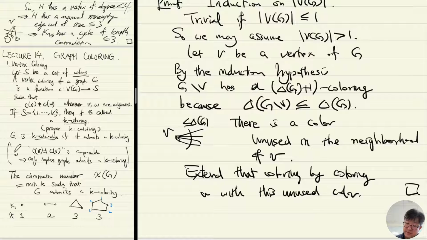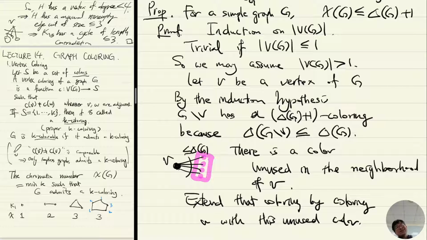Because the degree is small, only a small number of colors are used in the neighborhood, and since the number of colors available is bigger than that, by the pigeonhole principle you must have some color available for V, and you can use that to color this vertex.